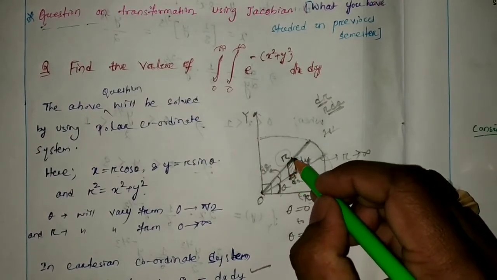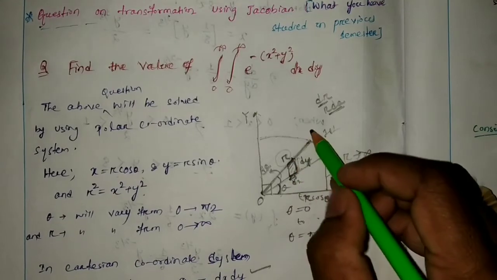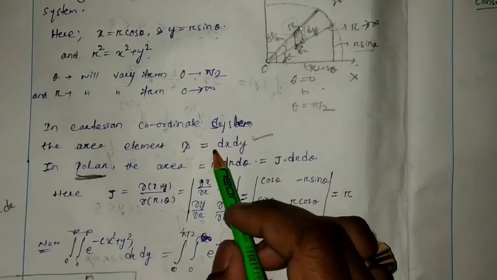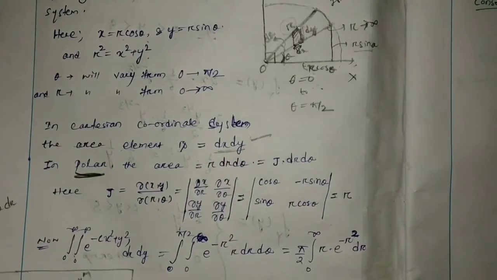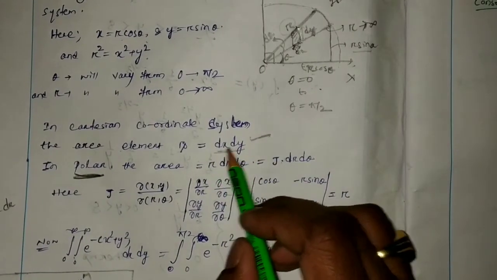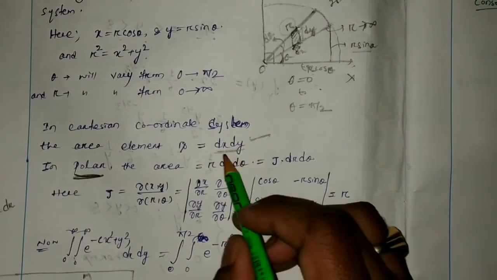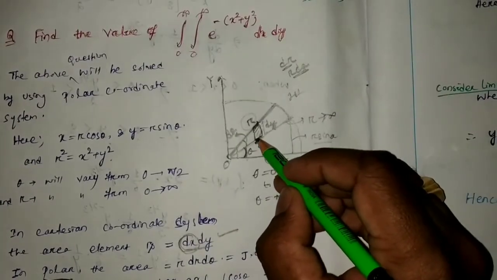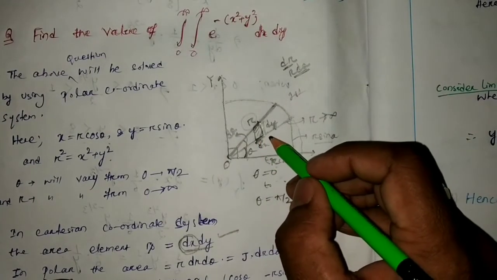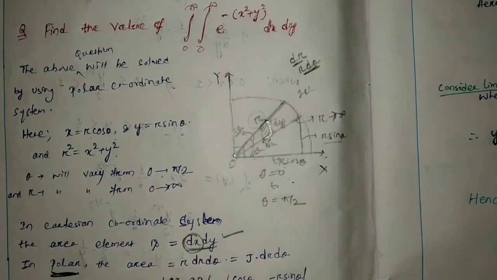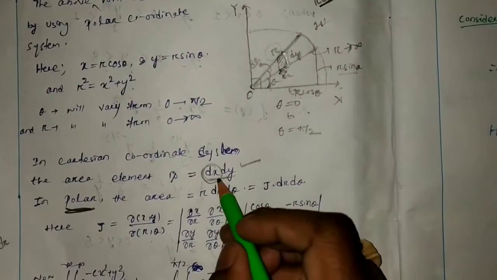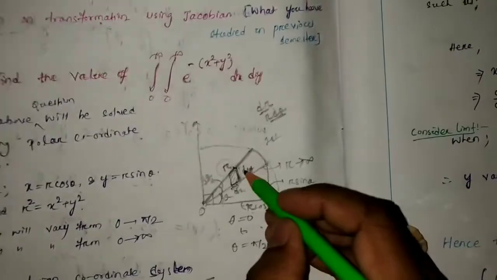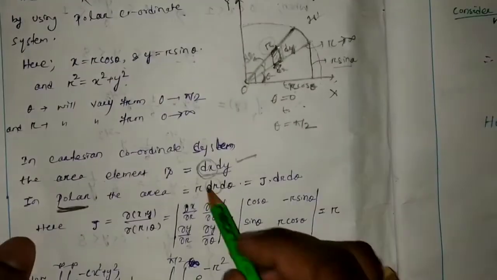So in the case of the polar coordinate system, the area will be how much? dx into dy is called the area element in the Cartesian coordinate system. Likewise, instead of dx, this dx can be written as dr, okay, and dy, that means this much height, approximately will be r d theta, right?